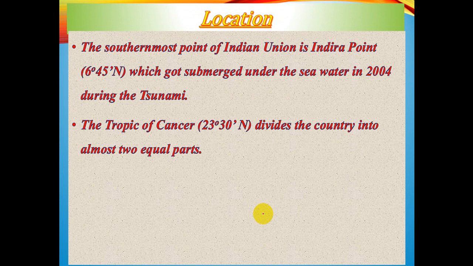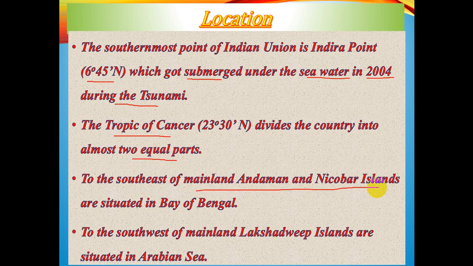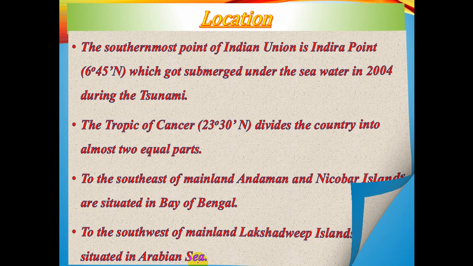This is the southernmost point of the Indian Union, 6 degree 45 minutes, which got submerged in the sea water in 2004 during the tsunami. 23 degree 30 minutes north divides the country into two equal parts, and to the southeast of the mainland we have the Andaman Nicobar Islands, which are situated in the Bay of Bengal, and southwest of the mainland we have the Lakshadweep Islands situated in the Arabian Sea.